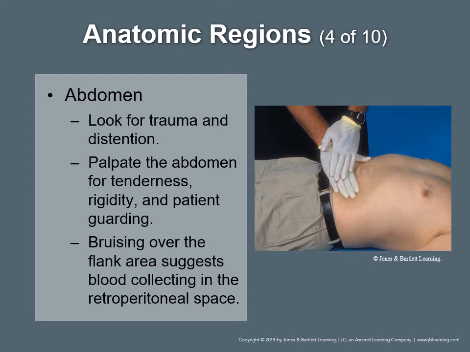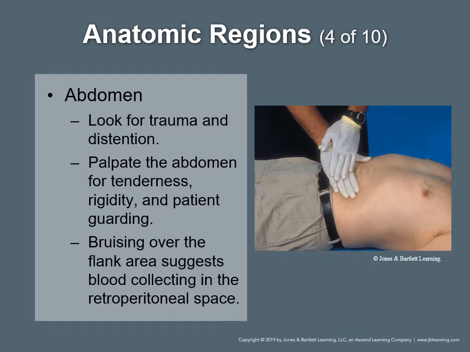We're looking for any bruising patterns or ecchymosis. When you palpate someone's abdomen, they could guard, meaning they have an involuntary muscle contraction when you palpate, because they're tender. Could be something causing an infection in their peritoneum.